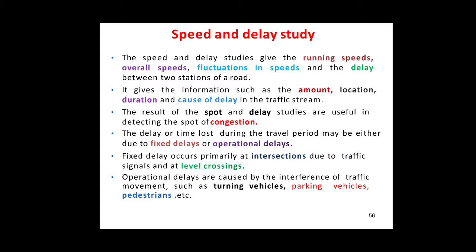Fixed delays occur primarily at intersections due to traffic signals or level crossings. Secondly, operational delays are caused by the interference of traffic movements, such as the turning of vehicles, the parking of vehicles, pedestrians, etc.